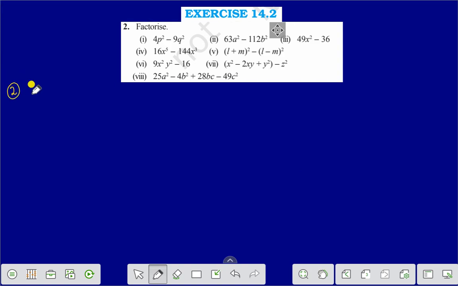Question number 1 is 4p square minus 9q square. We'll use this identity that a square minus b square is equal to a plus b into a minus b.